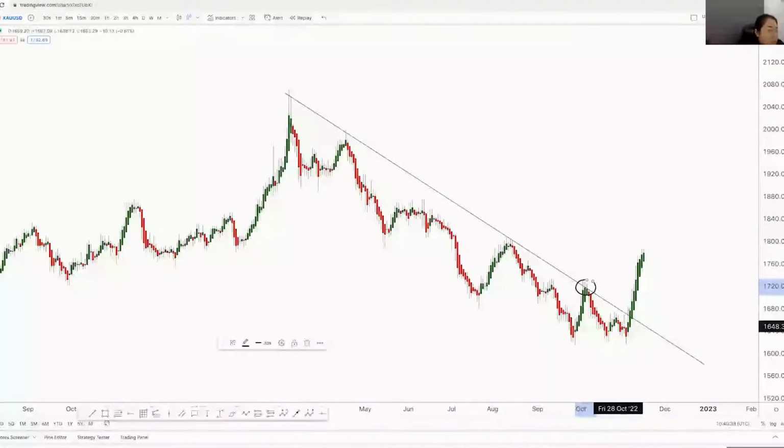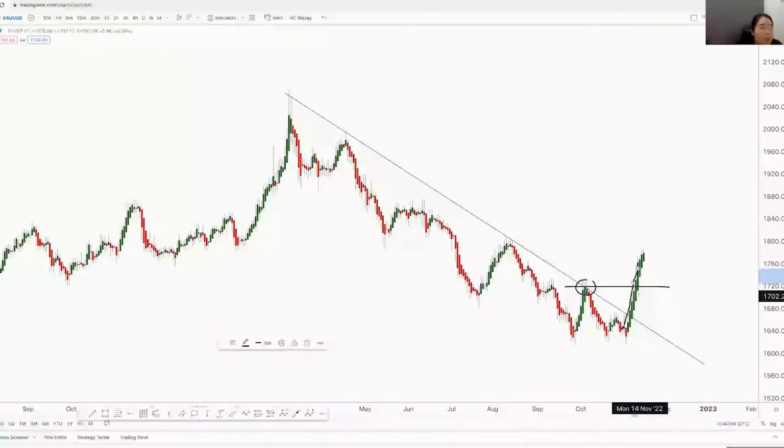When price breaks this trend line and this swing high, that is only when the trader confirms that the uptrend has started and the downtrend has ended.